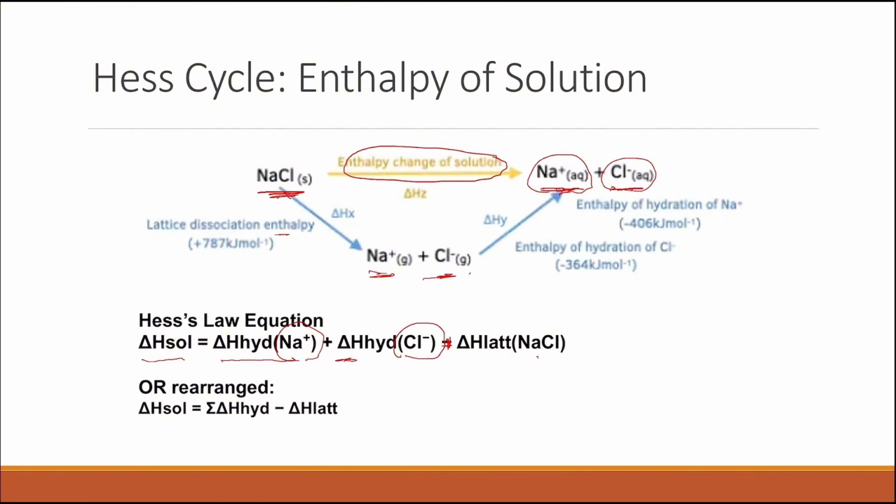Or if they provide you with the enthalpy of formation, it's going to be minus the enthalpy of formation, because the enthalpy of formation will be in this direction in this case, and then it will go in the same route as the enthalpy of solution. So please take note of which one they provide you with in the exam. You will do the rearrangement and then calculate the enthalpy of solution.